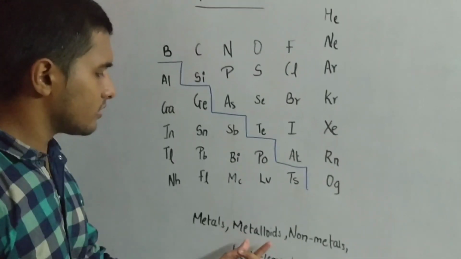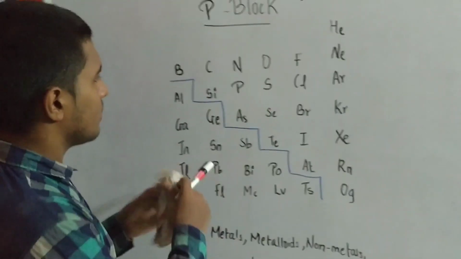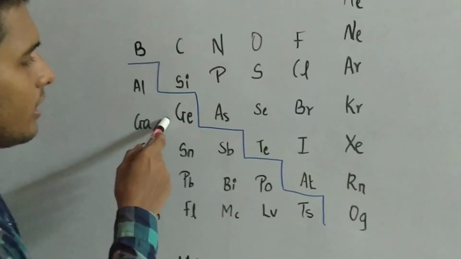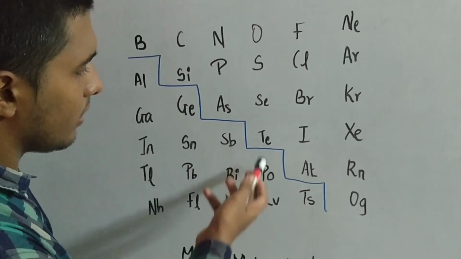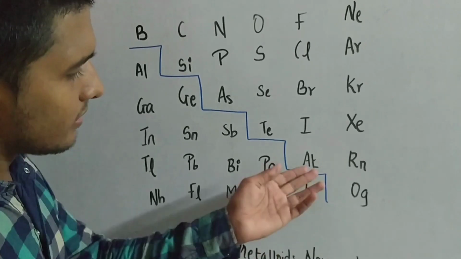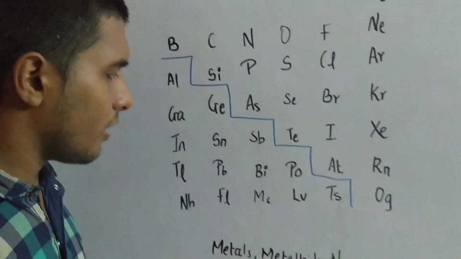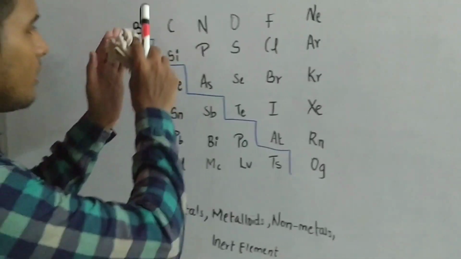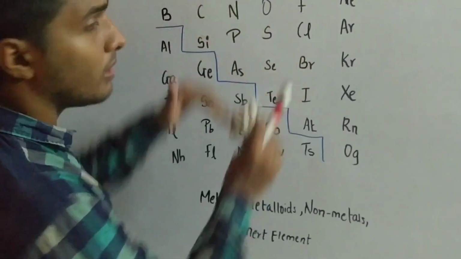This zigzag line is for the metalloids, which means you can see certain elements like silicon, germanium, antimony, bismuth, tellurium, polonium, astatine, tennessine, these all are metalloids, and they are a differencing element in this block for metals and non-metals.